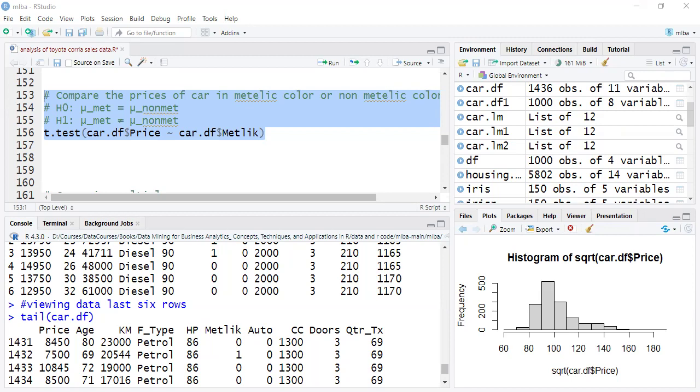This is your null hypothesis. And your alternate hypothesis H1 is mu M is less than mu F. This is your alternate hypothesis.